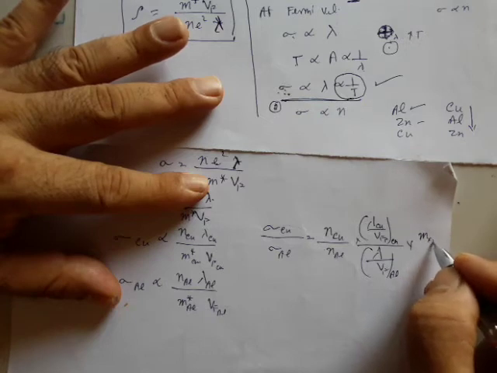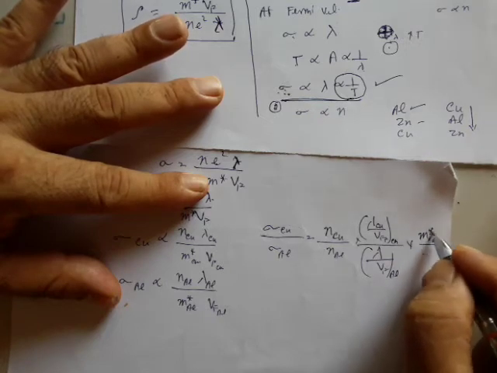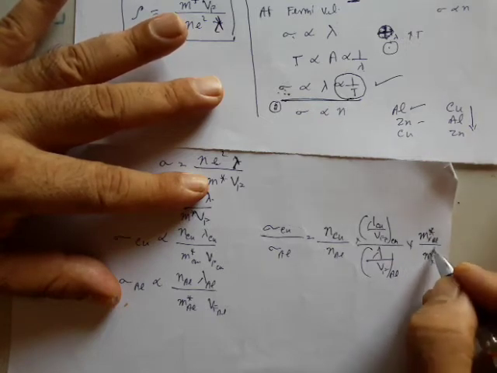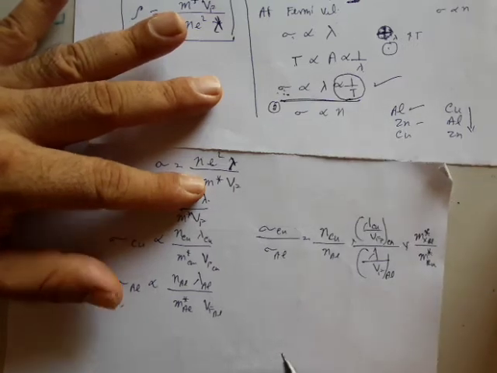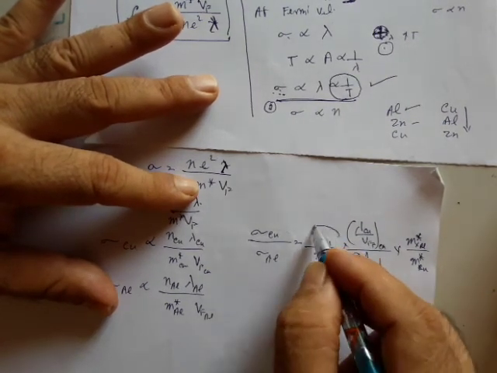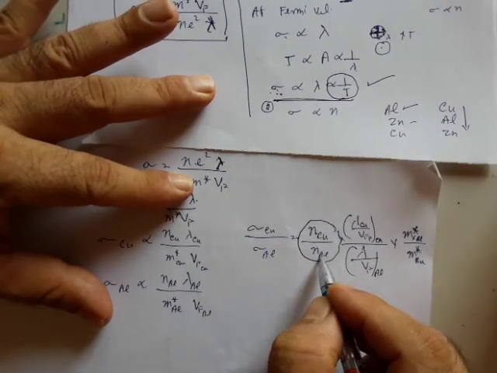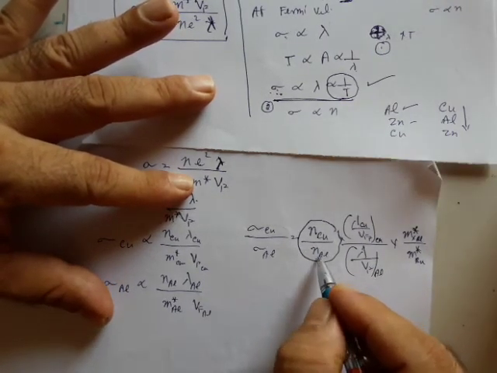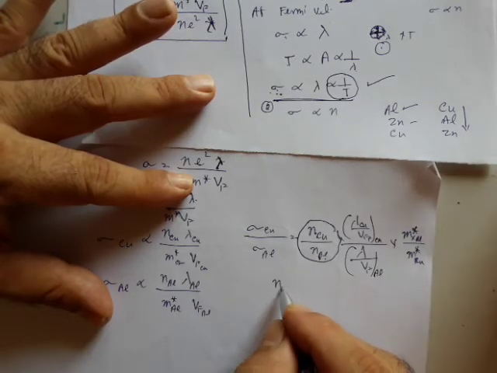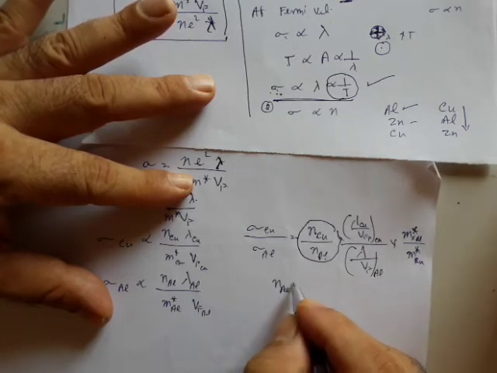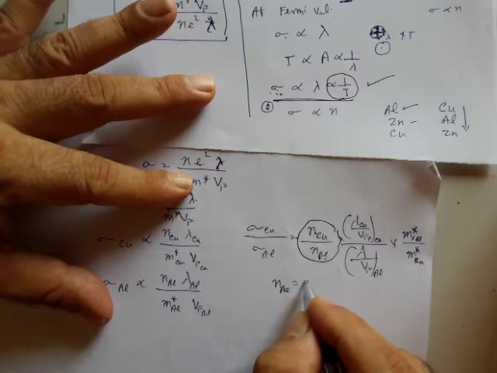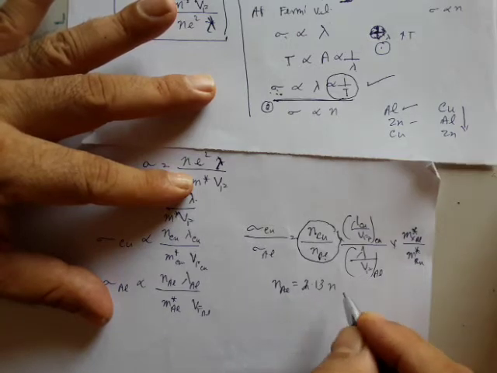Therefore, m star of aluminium divided by m star of copper. We know that the number of electrons in the copper is lesser than in the aluminium, where the number of electrons in the aluminum is almost 2.13 times greater than in the copper.